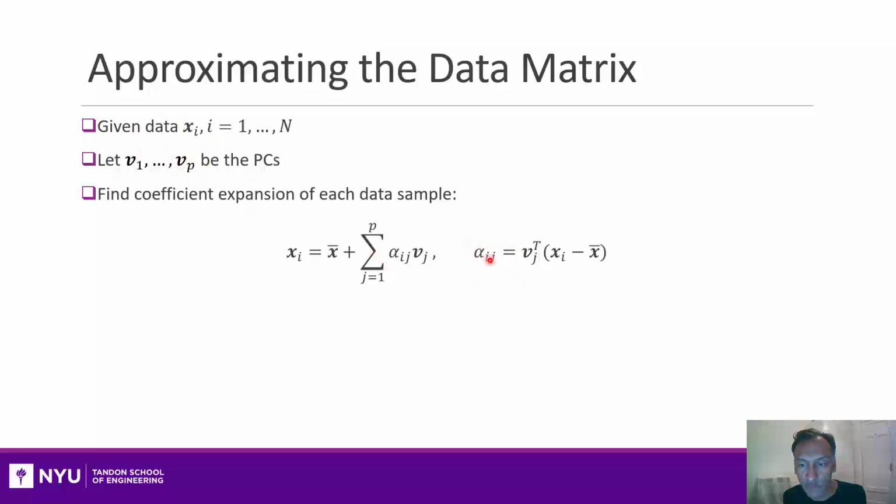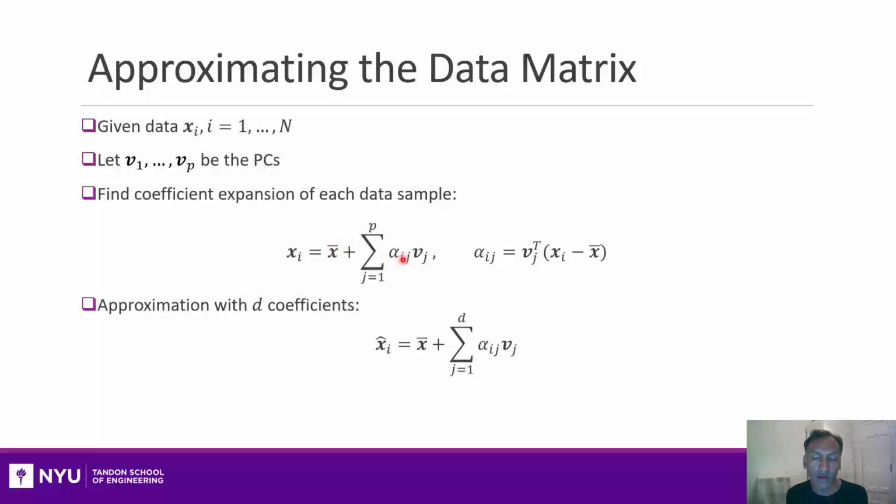So for each data record i, you will have p coefficients alpha ij, which can be found by the inner product of the jth principal component with the difference of the data record from the mean. It's basically identical to the formula we had before, except we've subtracted the mean here and then added it back at the end.